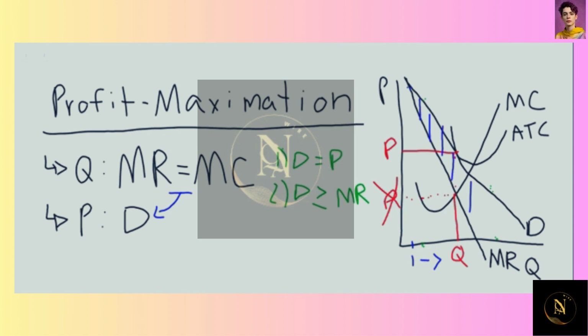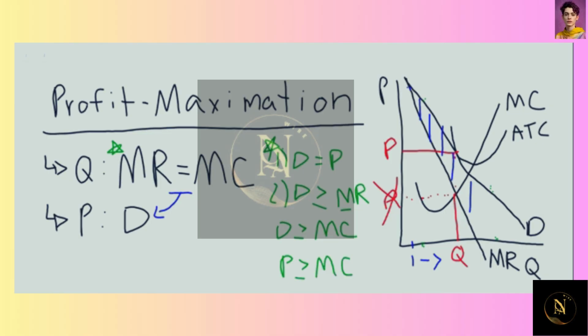So profit maximizing, we should expect our demand to equal our price and our demand to be greater than or equal to our MR. So if our demand is greater than or equal to MR, that means that we can use this rule right here to say that demand is greater than or equal to MC. Because if MR is equal to MC at profit maximization, then we can just substitute it in for here. So our demand is greater than or equal to our MC. And then we can use this guy right here to establish that price is going to be greater than or equal to MC.